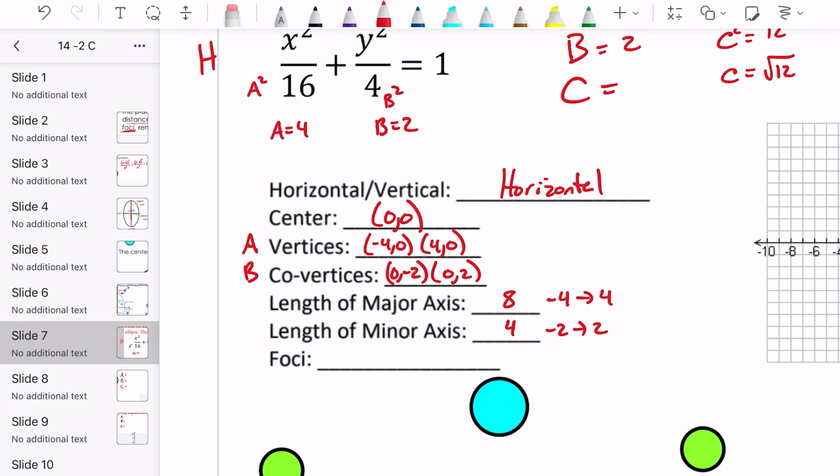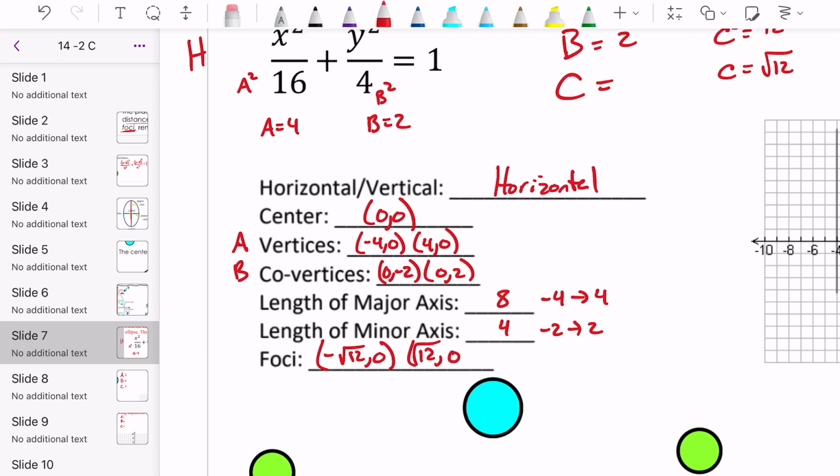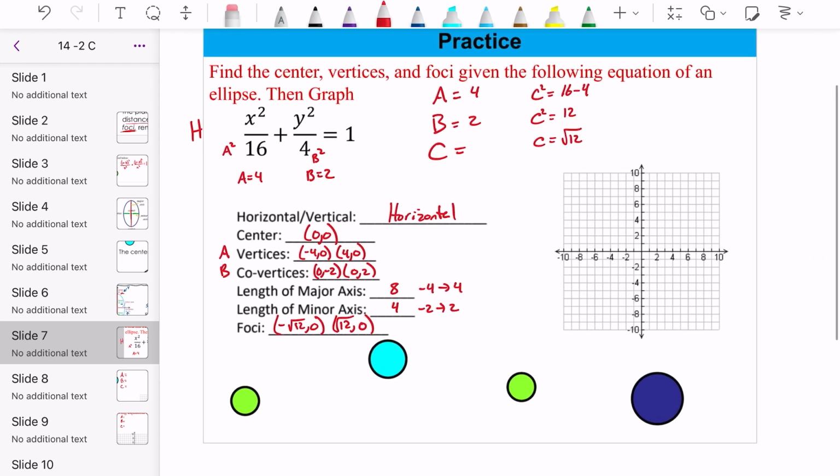Keep in mind that instead of using your center, we have to remember that the center is (0, 0), which means we would have (-√12, 0) and (√12, 0). So notice we're looking at a positive and negative value.